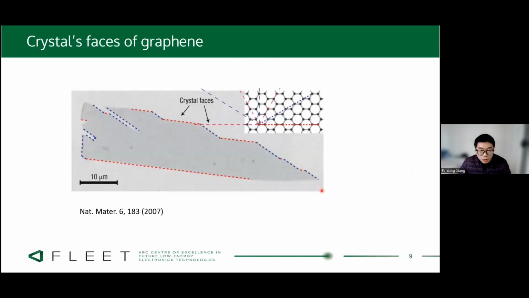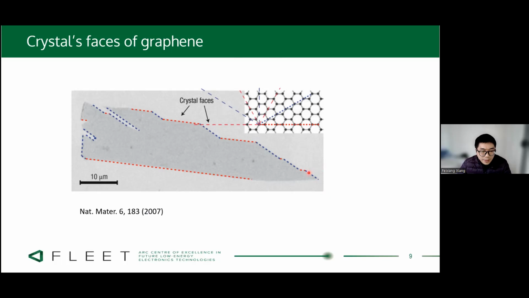So we follow this idea and prepare some double moiré graphene van der Waals heterostructures. So how do we prepare such a sample?